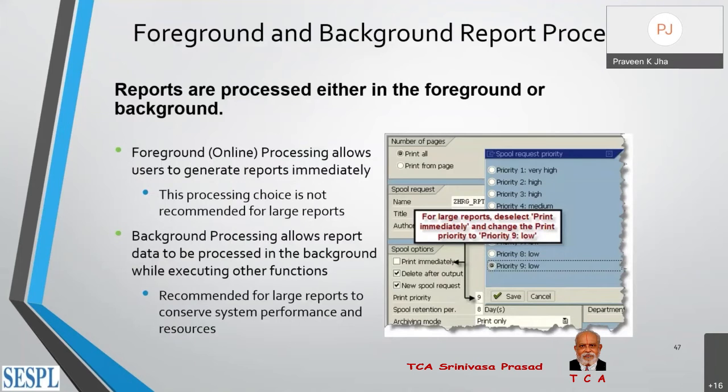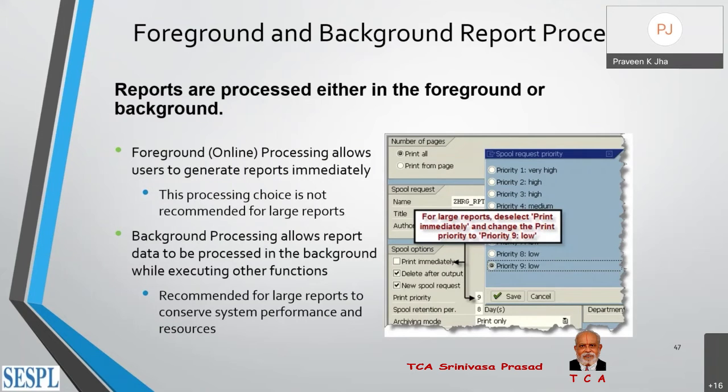This is for executing the report in the foreground or in the background. Once you have input all the criteria, then on the top of the report, you have to click, and then you will find whether you have to execute in the background or in the foreground. In the foreground, in the menu itself, you will get the execute button.